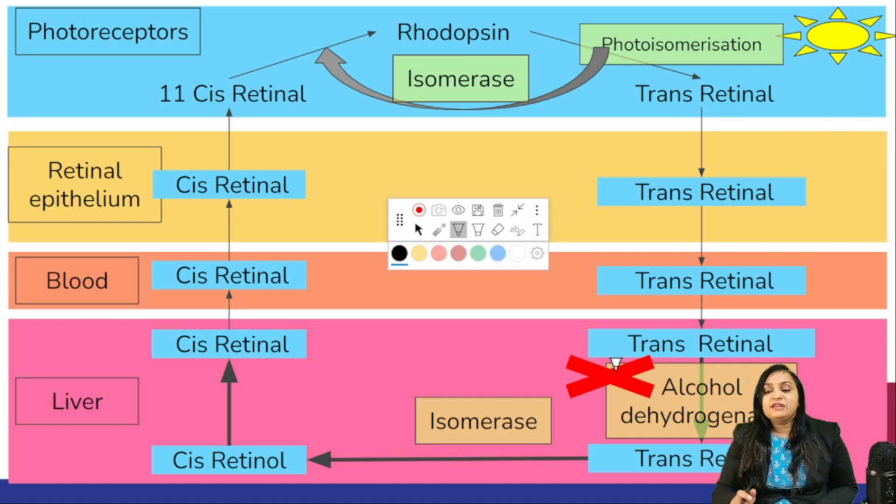Now, if there is alcohol present, this enzyme gets used by the alcohol, so it will not be available for this reaction from transretinal to transretinol. This is the mechanism by which alcohol will lead to secondary vitamin A deficiency.